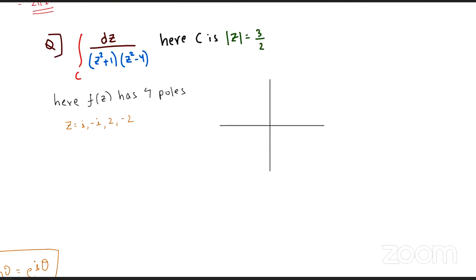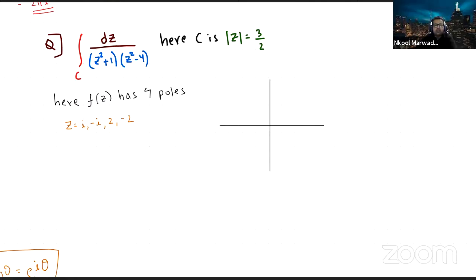How can we say that these are the 4 poles? Because if you put them in the denominator, I will get 0. The function will become undefined, or not analytic, because i square is minus 1, so minus 1 plus 1 is 0. Minus i square will also be minus 1.